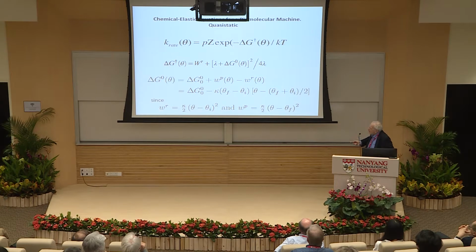The main thing is this, that part of the free energy expression are these things that depend upon the rotational angle. So in this expression, we have things that depend on the chemistry, things that depend upon the rotational angle. The details don't matter at all, of course. It's just what you put into it, that you've got both things present. And we're combining the chemistry with the mechanical motion through a free energy expression.